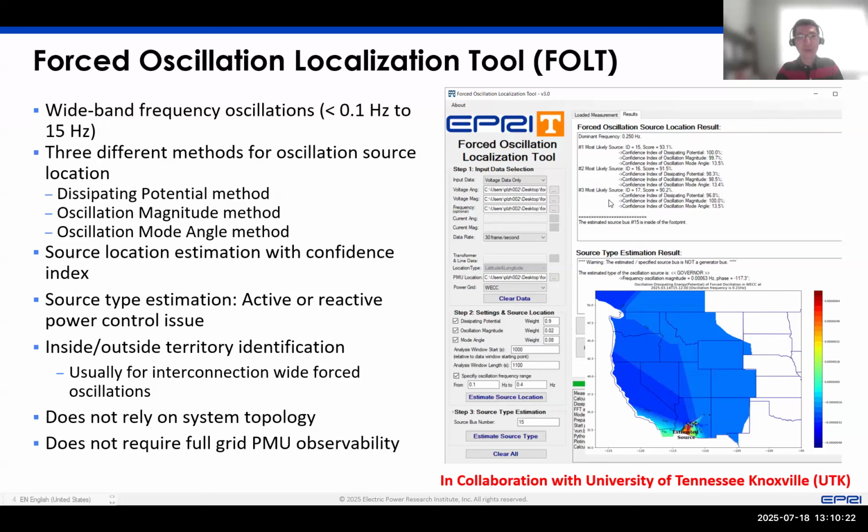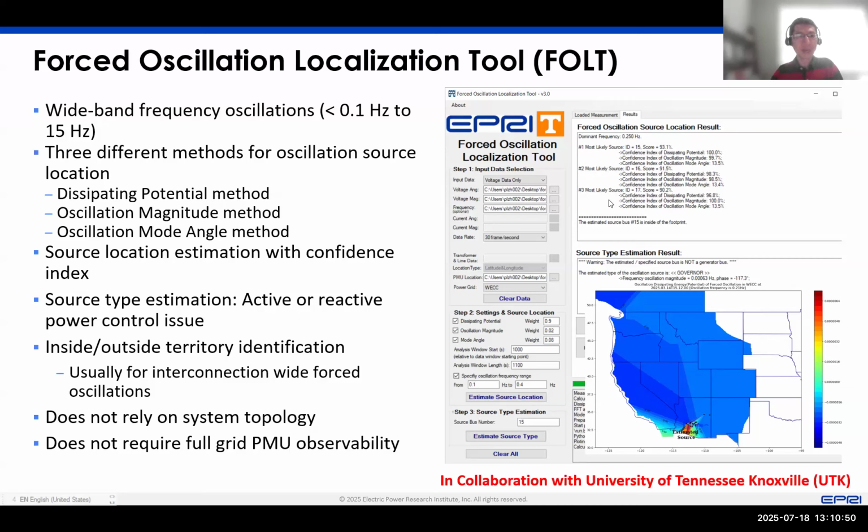One is toward ultra low frequency oscillation, usually less than 0.1 hertz, where the tool is also able to identify the source location and source type. In the other direction, the tool is able to handle high frequency, usually IBR-induced forced oscillations or SSOs. I have seen an example up to 15 hertz. It depends on your PMU reporting rate.